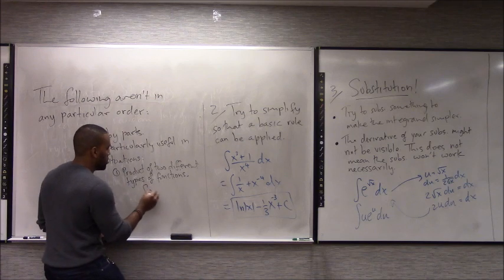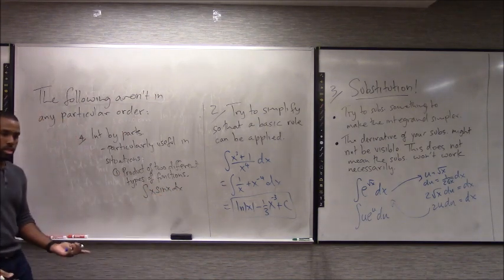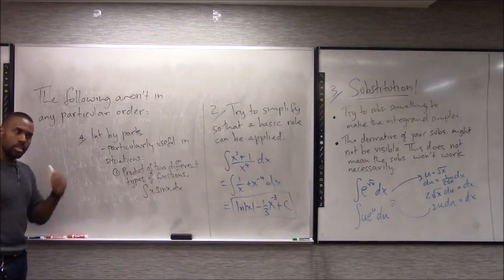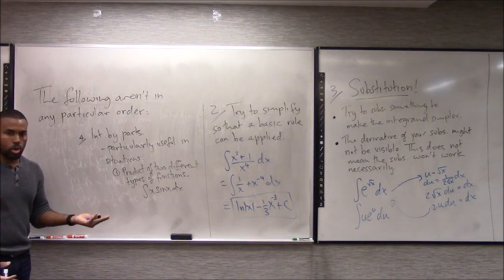So like x sine x, right? That's a product of a polynomial and a trig function. That's 2 different kinds of functions being multiplied together. You see that, you would tend to think integration by parts is going to work, and usually it'll work.